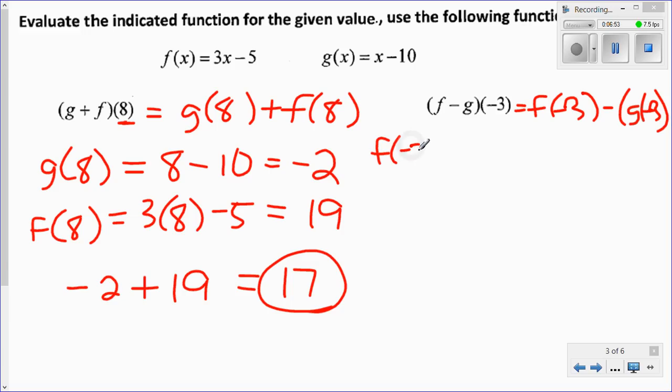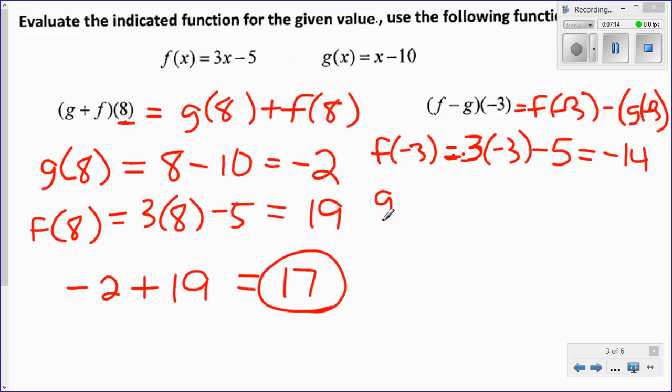F of negative 3 would equal 3 times negative 3 minus 5. So 3 times negative 3 is negative 9, and negative 9 minus 5 would be negative 14.